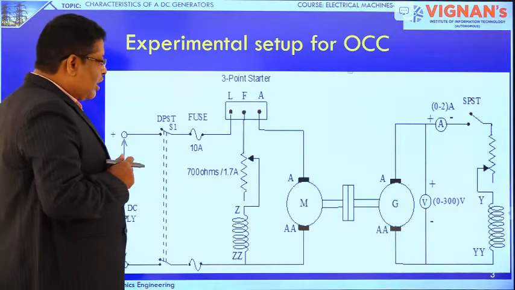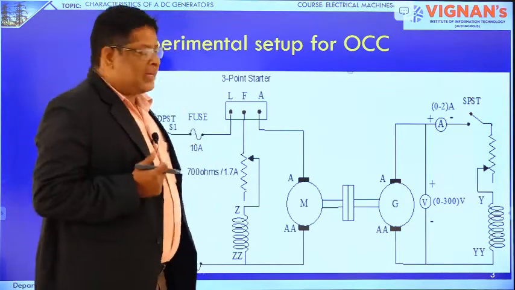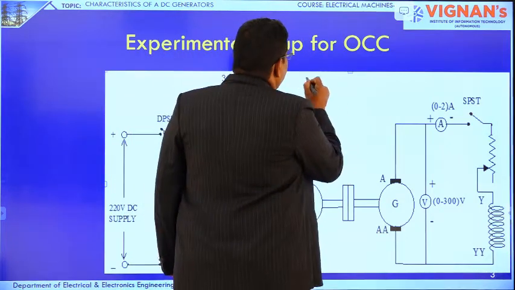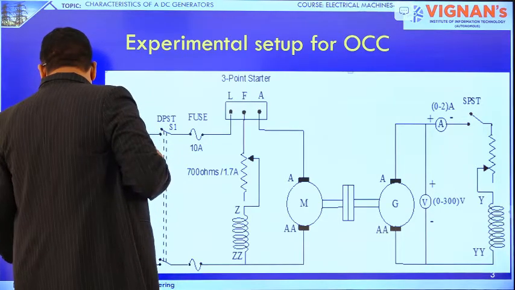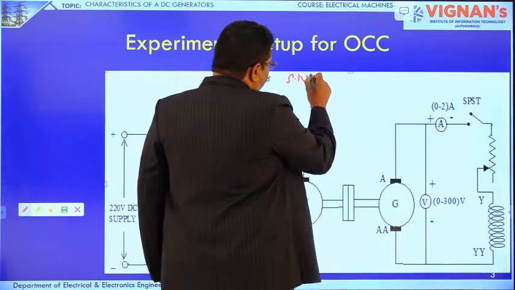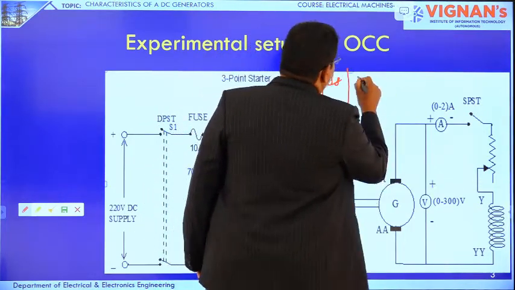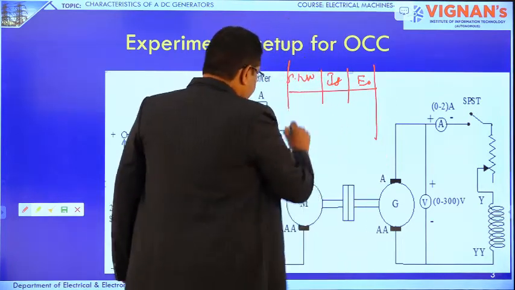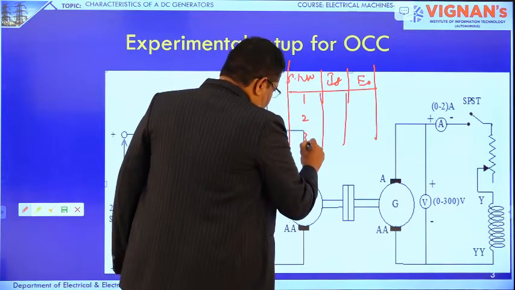Now you can take a simple table with serial number, field current, and this voltage, E naught, with rows 1, 2, 3, 4.